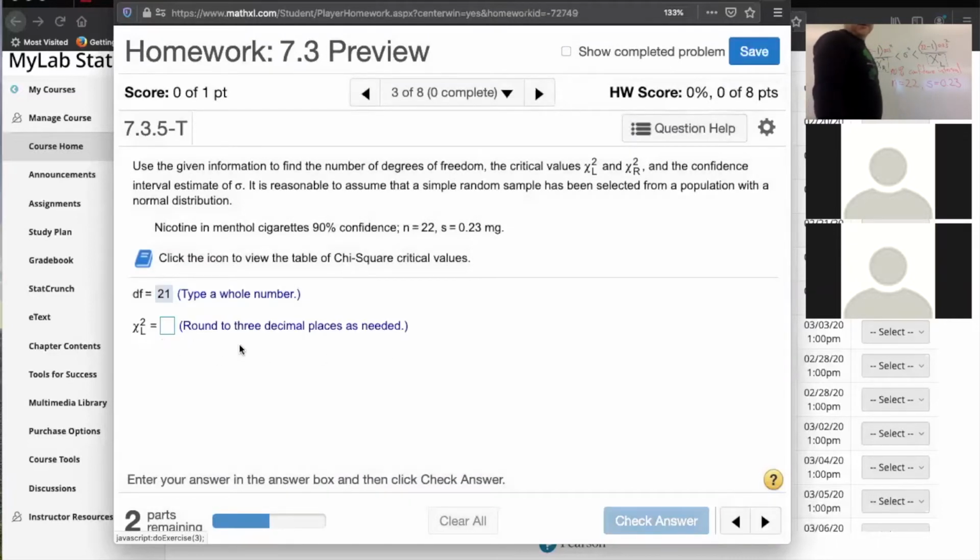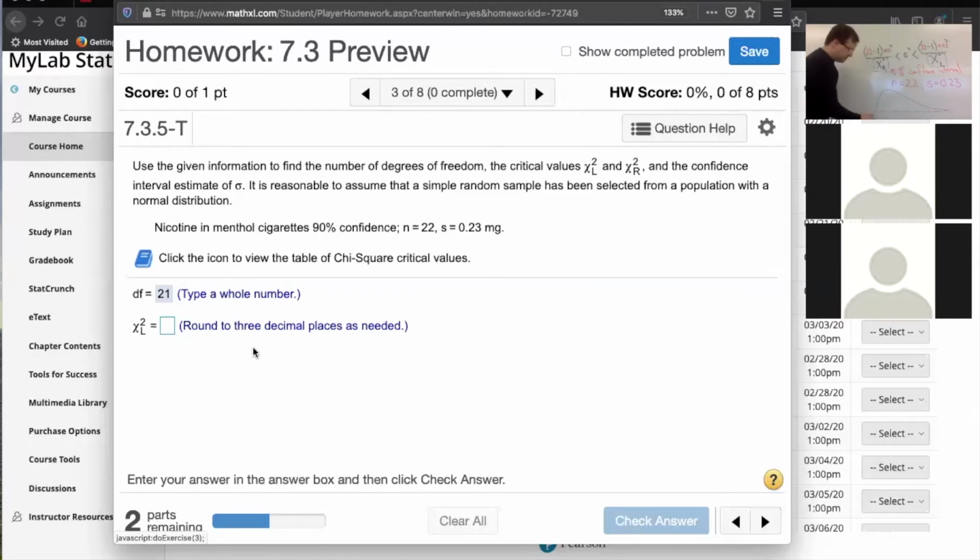Chi square L. Okay, so I recommend that you draw a picture. I think I have enough space to draw the picture right here. So my picture is going to start at 0. It climbs up quickly and then decreases slowly.